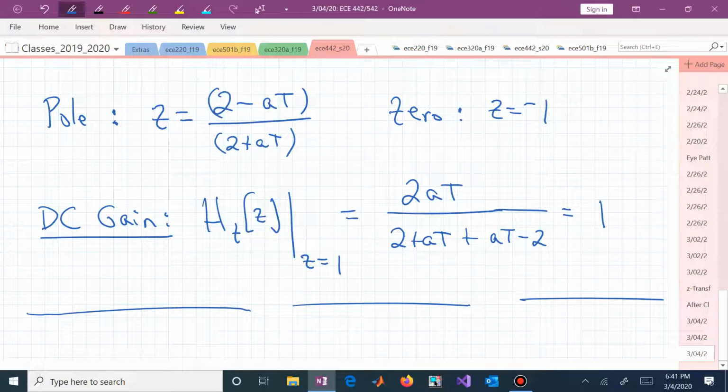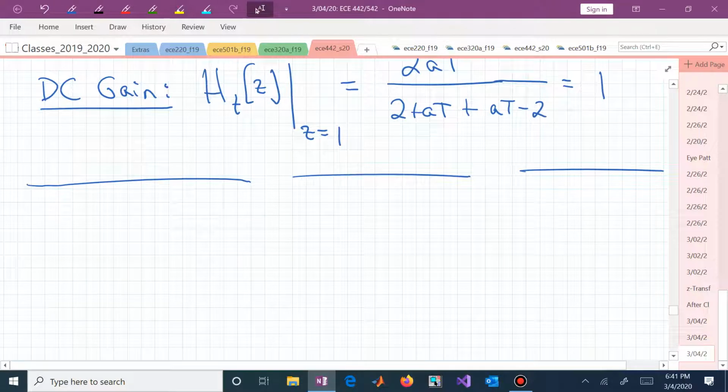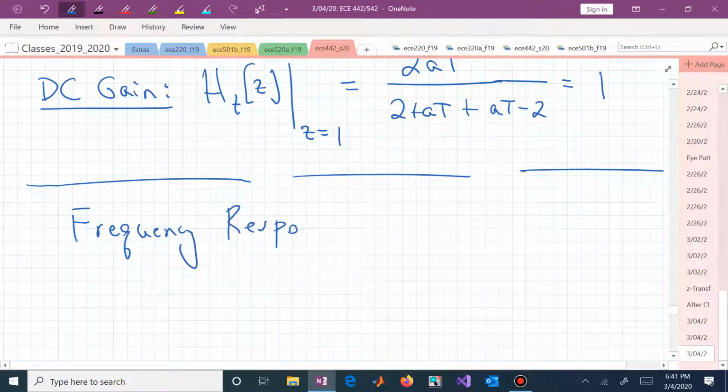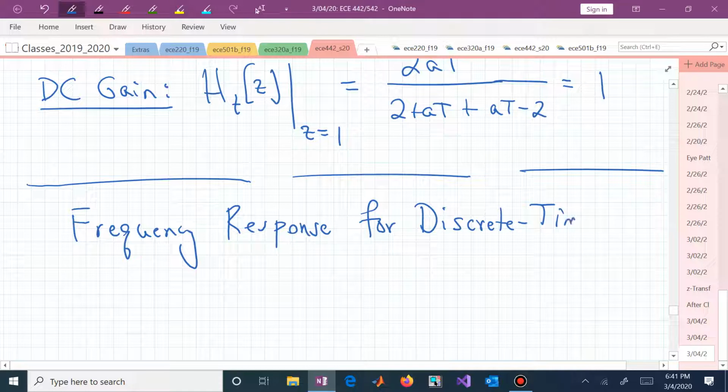These are three low-pass filters that you could now take into the time domain and find a difference equation for. But now, how would we think about the frequency response for discrete time systems?